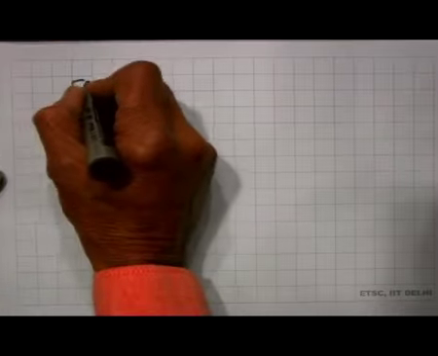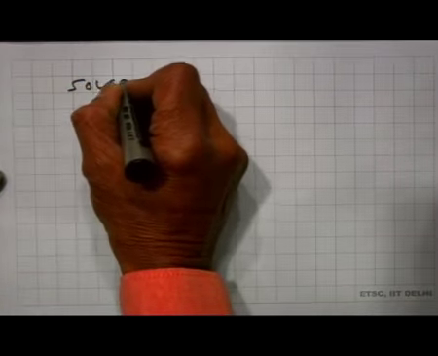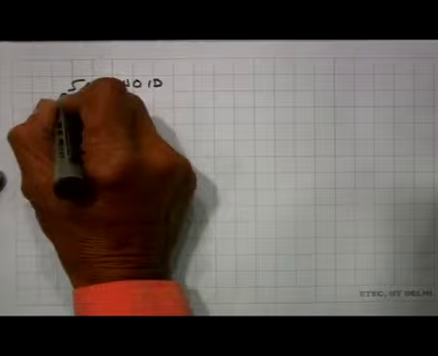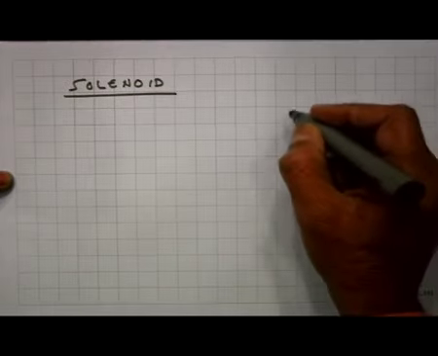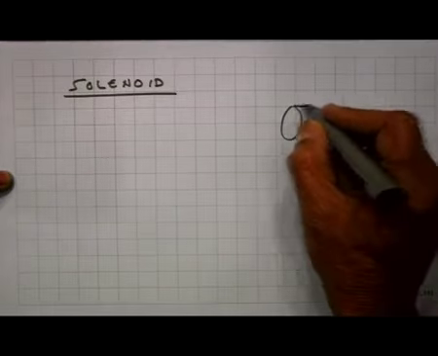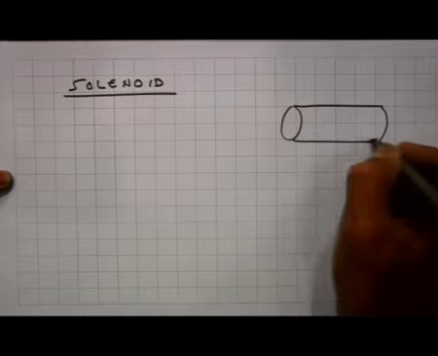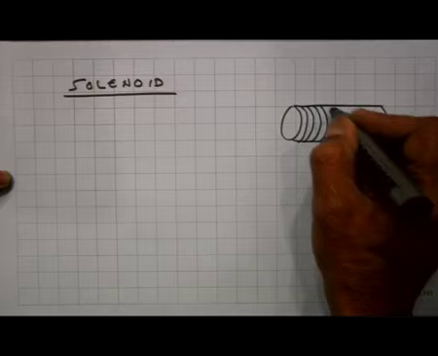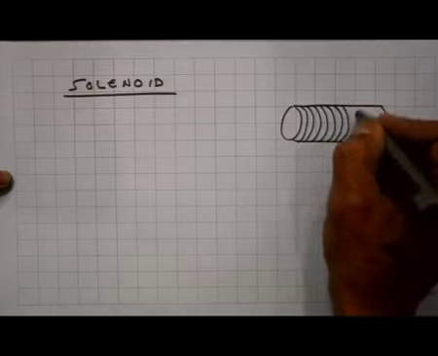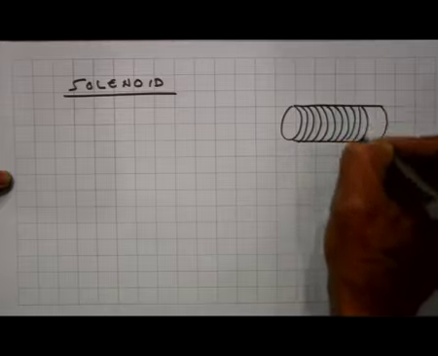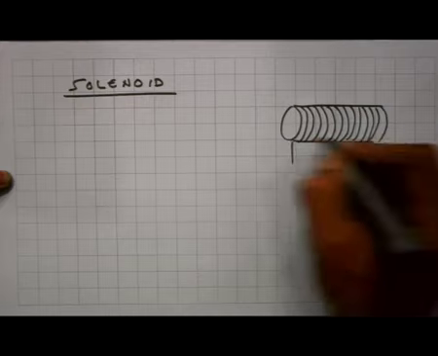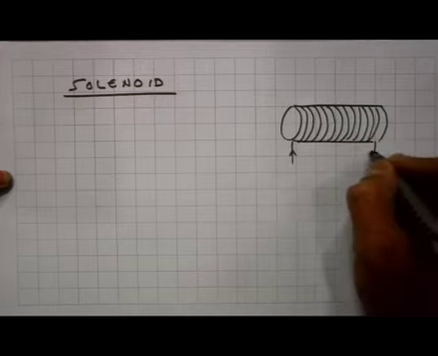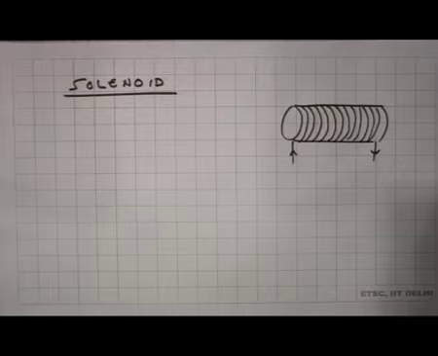So, let me recall, a solenoid consists of an object, usually of circular geometry, and you have a wire which is wound very closely around the cylindrical structure and which carries a current through the coil.